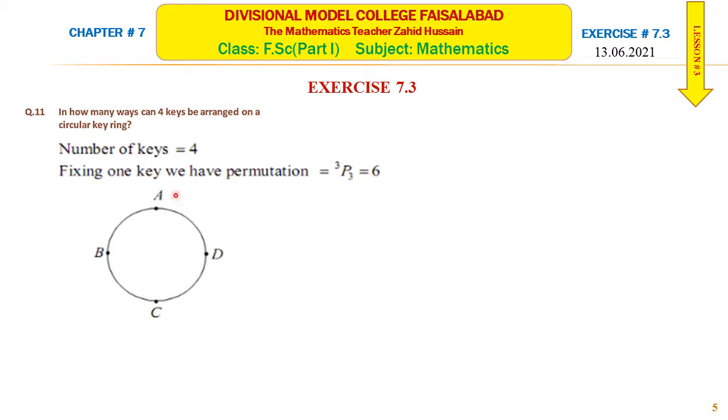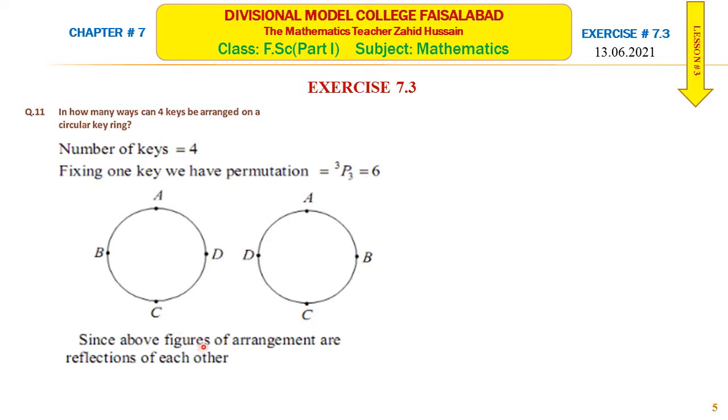Like this, if we have fixed key A, then we are left with B, C and D. If we reverse or flip this arrangement, we get the same one. So the total arrangement is 6, but since these arrangements are reflections of each other, we use the formula n minus 1 factorial over 2. Here n is 4, so we take 3 factorial, which is 6, and divide by 2.